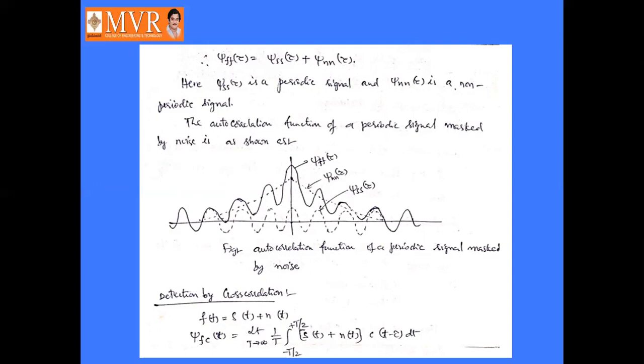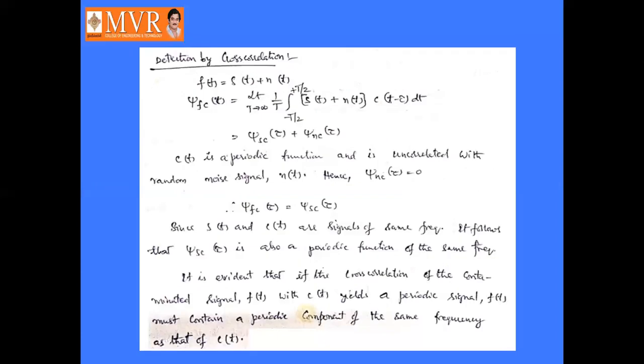But f of t is a combination of s of t and n of t, so we can write s of t plus n of t into c of t minus tau dt. Now it is equal to s of t into c of t minus tau dt plus n of t into c of t minus tau dt. That will be written as chi sc of tau plus chi nc of tau.